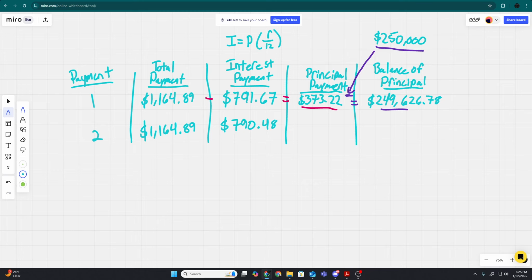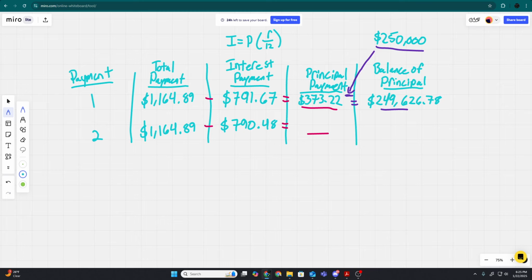And since this interest payment decreases, our principal payment is going to increase. Okay, so again, just like we did before, I'm going to take the total payment minus the interest payment, gives me my principal portion. So we take 1164.89 minus $790.48.